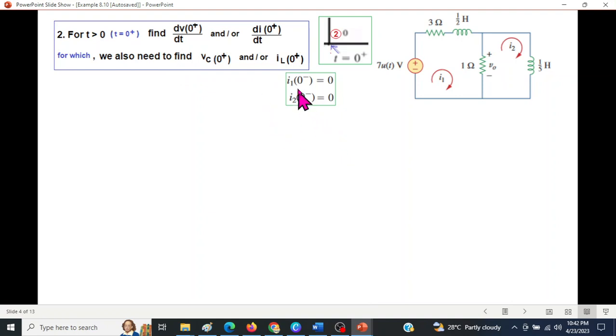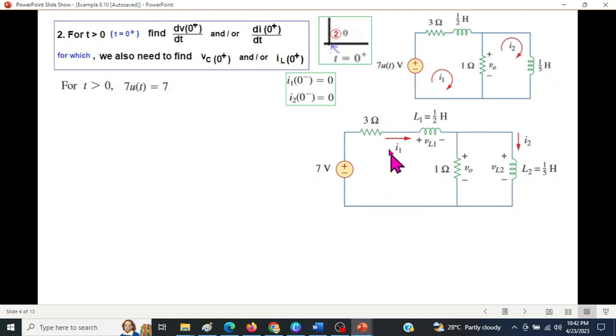Okay, and we'll use the rule that the inductor current does not change instantaneously. That means for t greater than 0, first of all, 7u(t) will become 1, so 7 into 1 is 7. So the circuit will now look like this, with 7, and all the other parameters remain the same, just marking here. Voltage we are calling this VL1, this VL2, this was already given.